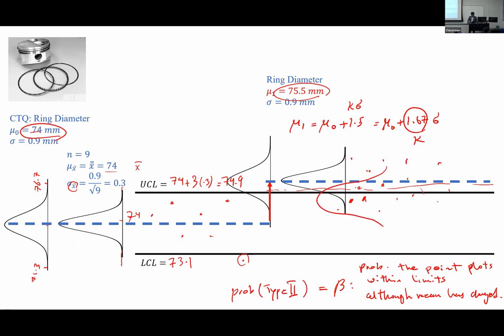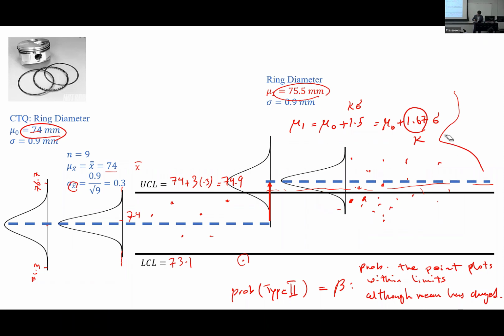And it would be more likely that these points fall here, right? Or if the amount of shift was larger, for example, if it was 80 instead of 74, it would change to 80, the mean of the process. Then it would go all the way here. There would be no way that the point falls within limits. It would be impossible. And we would catch it first time. So beta would be basically very close to 0.